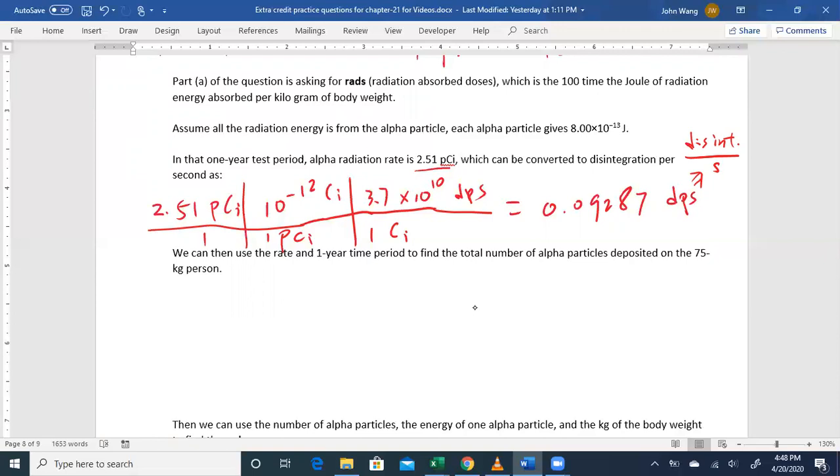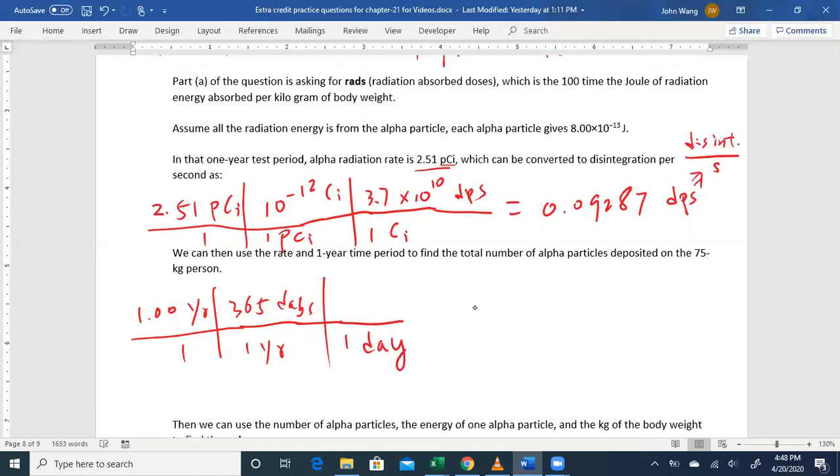So we start with 1.00 year, and for every 1 year, 365 days, 1 day, 24 hours, and then 1 hour, 60 minutes, and 1 minute, 60 seconds.